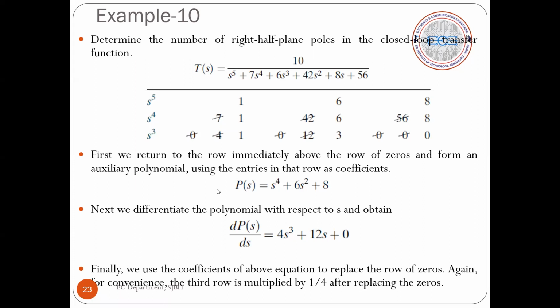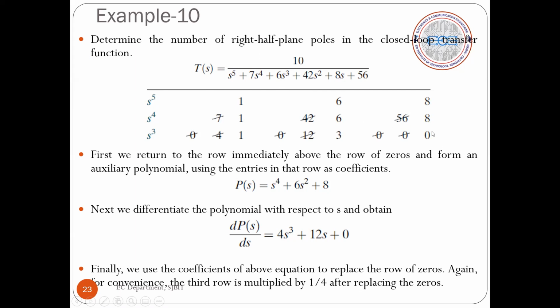Now I'll try to complete the table. The first row I'll compute by taking s^5, s^3, s^1, the odd positions. So 1, 6, 8, I got it. The leftover coefficients I have taken in sequence: 7, 42, and 56.